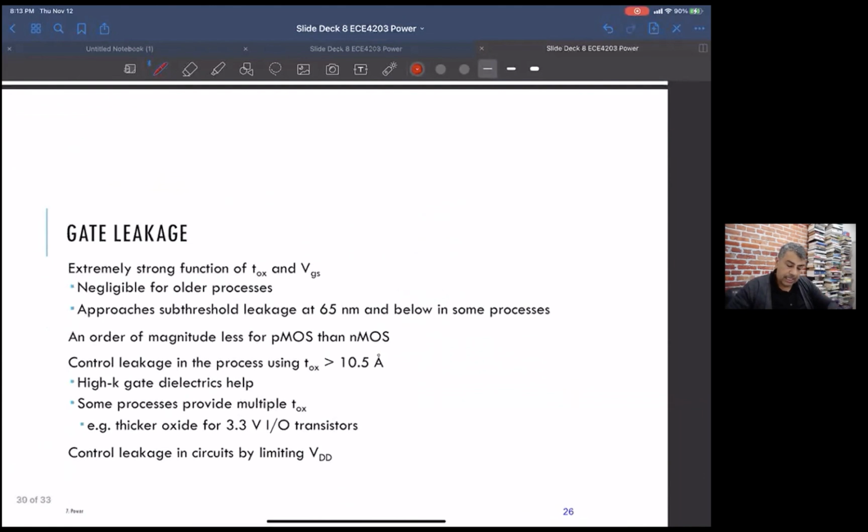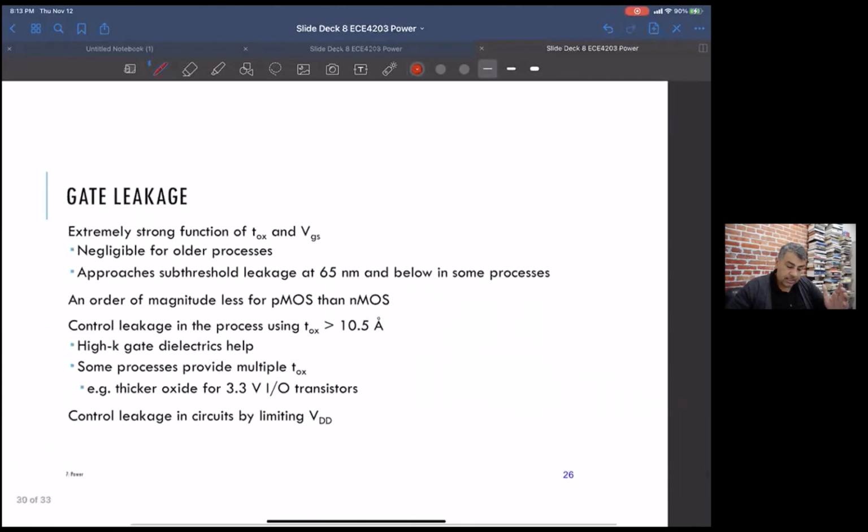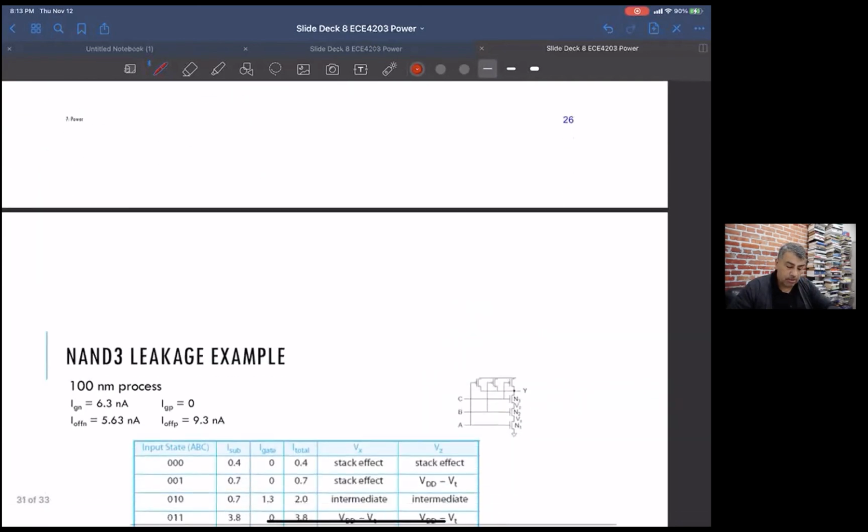And then all I can say about the gate leakage is, they do whatever they can to reduce it, and unless you're making analog circuits like sample and holds, things like that, you usually don't have to worry about it very much.